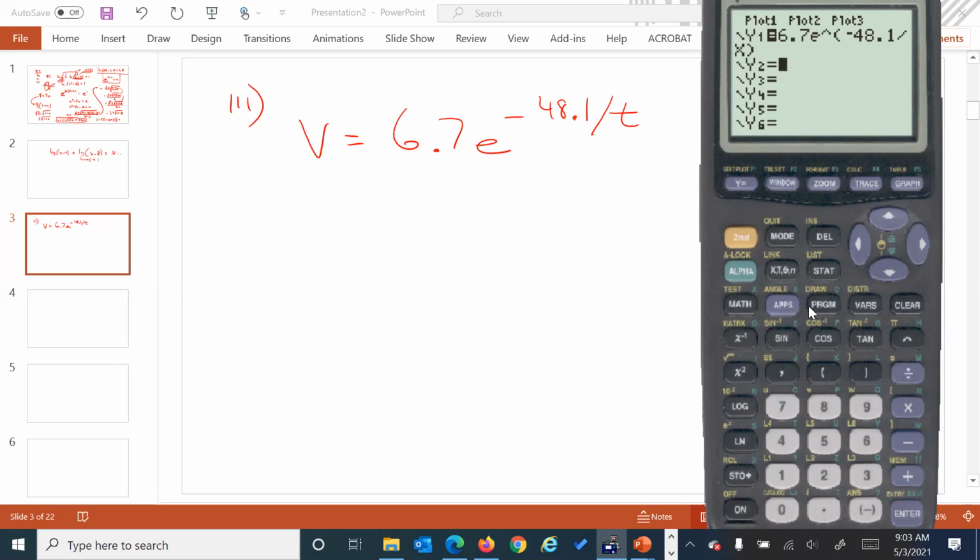Before we even graph it, we should know the shape that we're looking for, right? And so graphing that. We have to zoom out to like 60. So zoom, and number 3 is zoom out right here. Click enter.